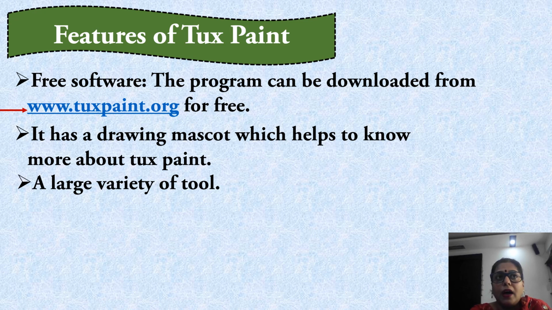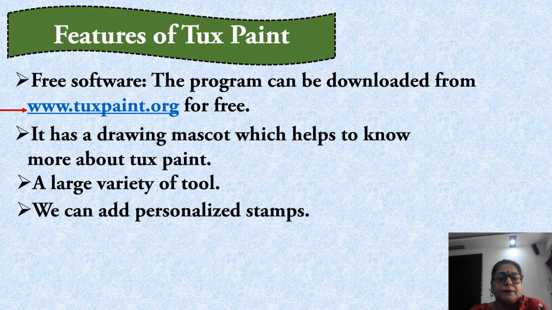Okay. Now the fourth feature is that we can add personalized stamps. It means we can add our own stamps also. Stamps are like rubber stamps or stickers.